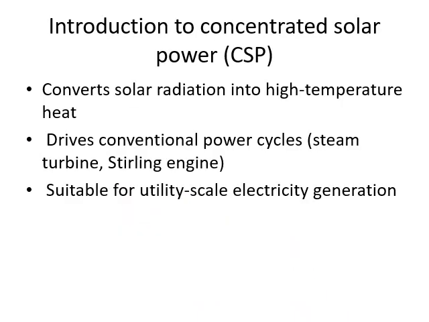Okay, what is concentrated solar power, or solar energy concentration? Basically, we use lenses or reflectors that converge sunlight into the same point. That means it is converting the solar radiation into high temperature heat, right? You have all experienced this when you held a lens under the sun.